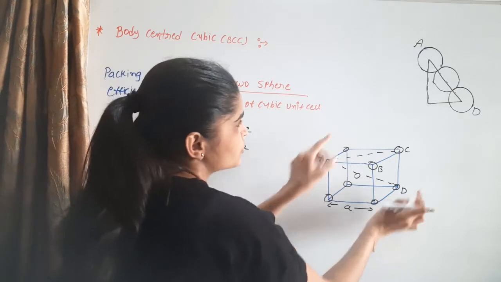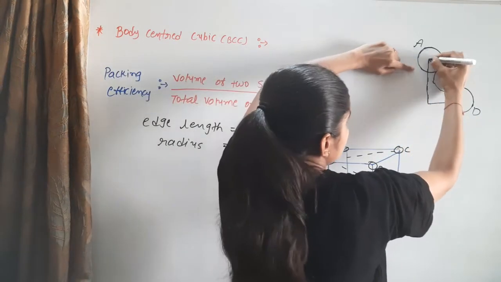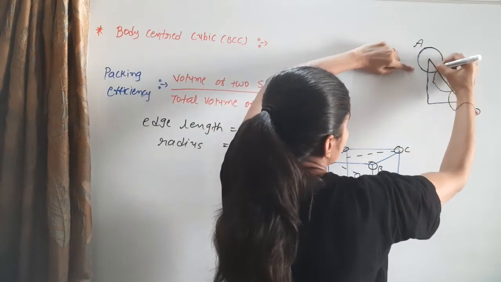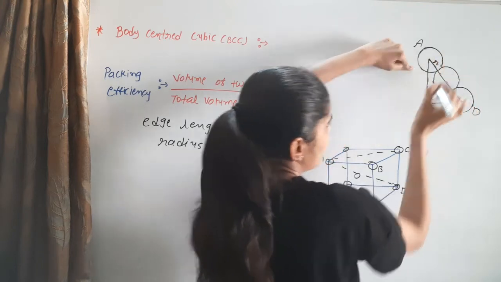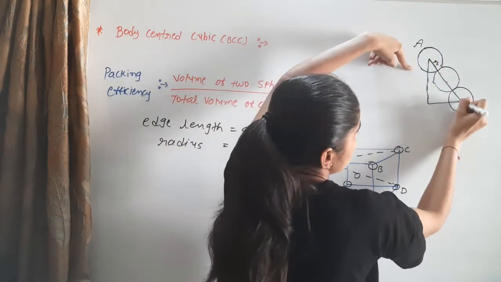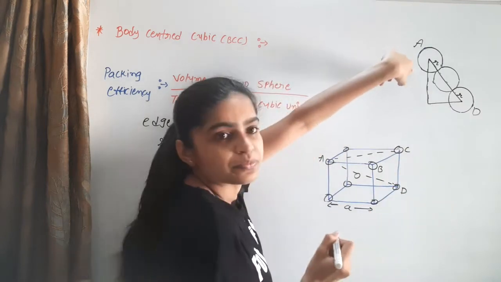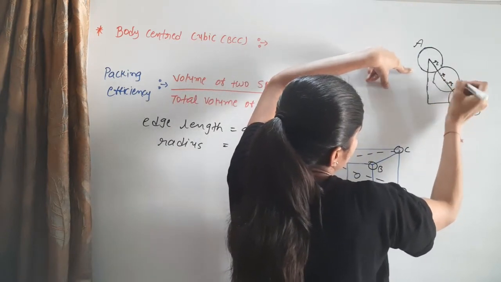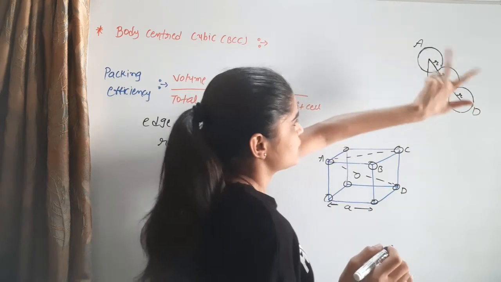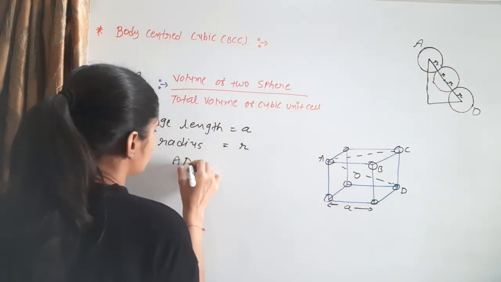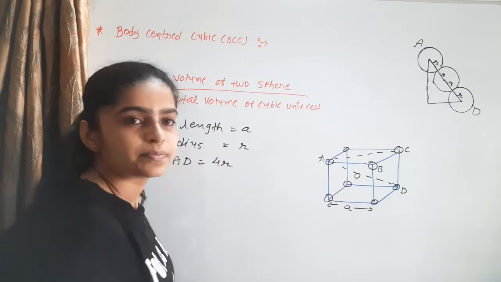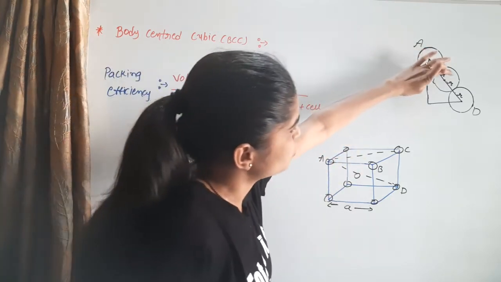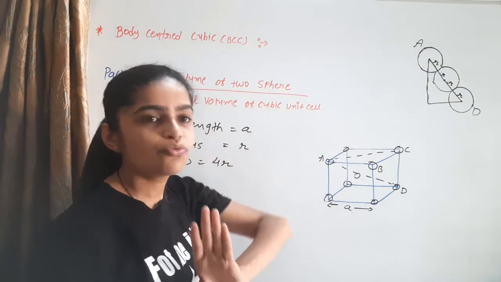On the basis of this AD, from the center to the outer line is r, radius r, and this is also radius r, this is r and also r. So AD is equal to 4r, 1, 2, 3, 4. AD is equal to 4r.